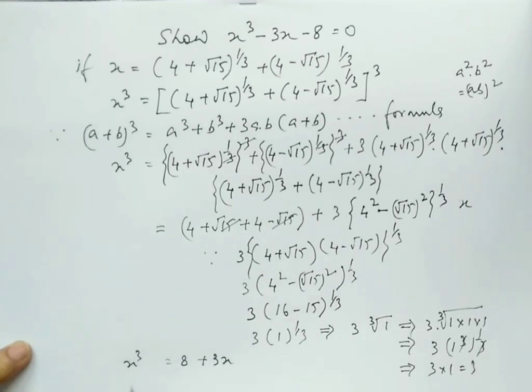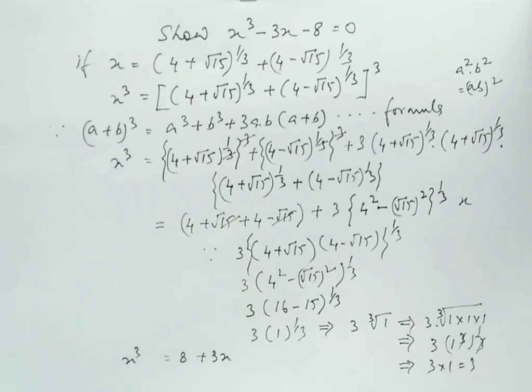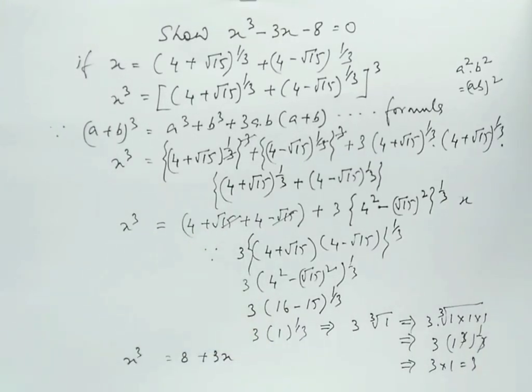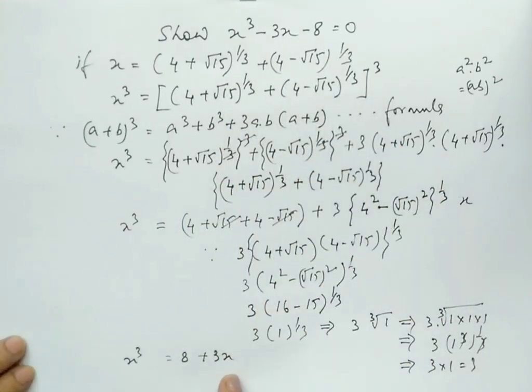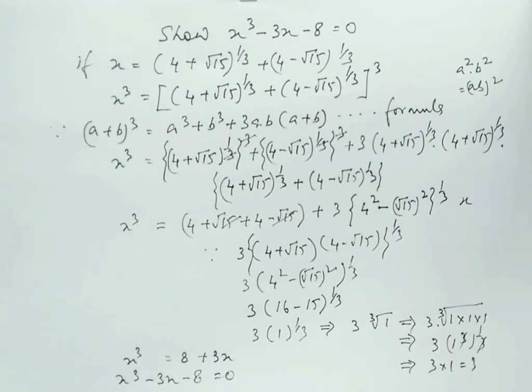Already we had x cube from the left hand side. So I think I should write here also. Correct? So now it is very easy. I think we have found this. So when this goes to the left hand side, which is x cube, minus 3x and minus 8, we are left with 0. So thus this is proved.